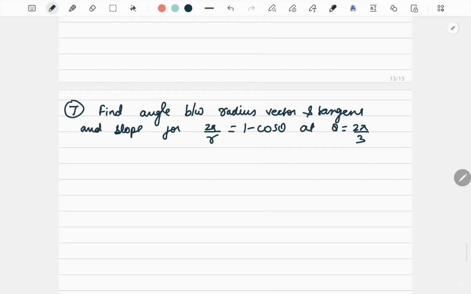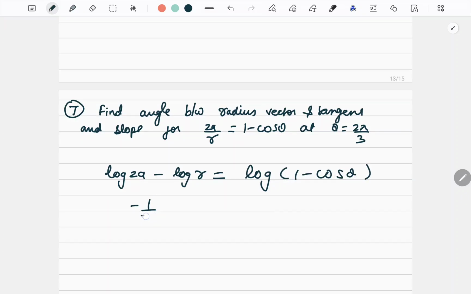Find the angle between radius vector and tangent and the slope at this particular point. Almost same thing, right? So let us do quickly. Log of 2a minus log of r is equal to log of 1 minus cos theta. So 0 minus 1 by r dr by d theta upon 1 minus cos theta and sin theta, right?